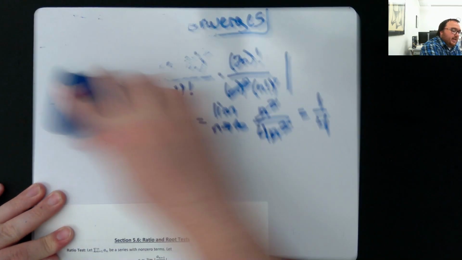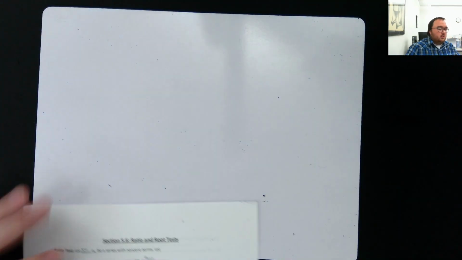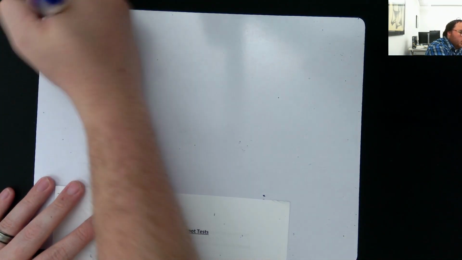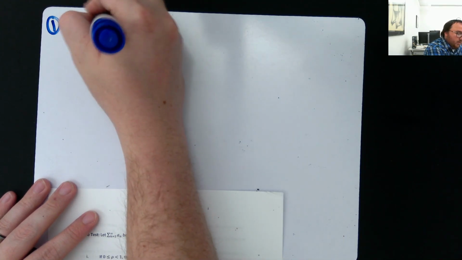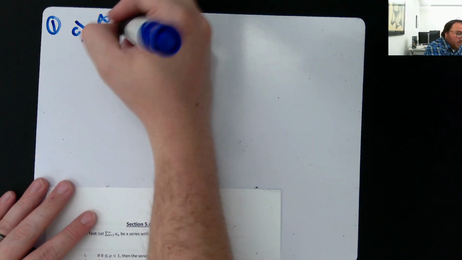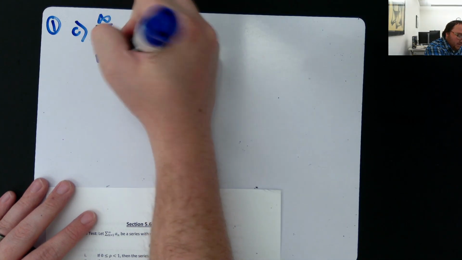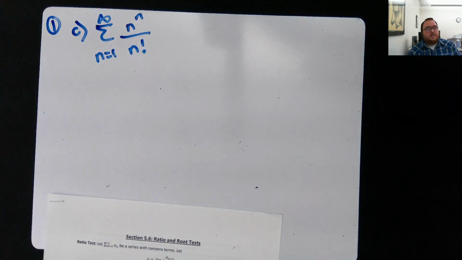Example 1c. The sum from n equals 1 to infinity of n to the n over n factorial. Once again, I see a weird term, so I want to do something with that because I don't want to really mess with that.